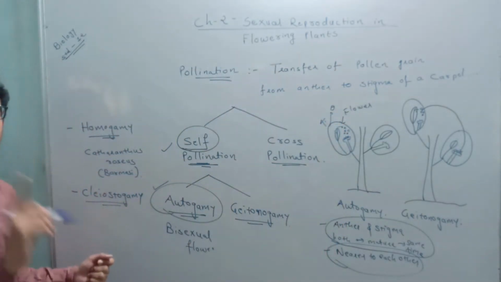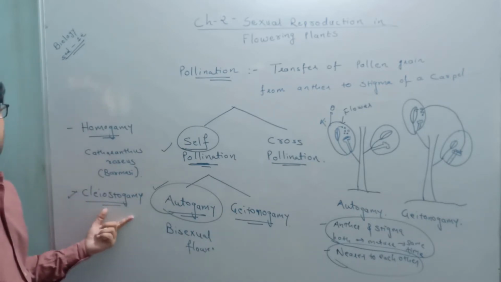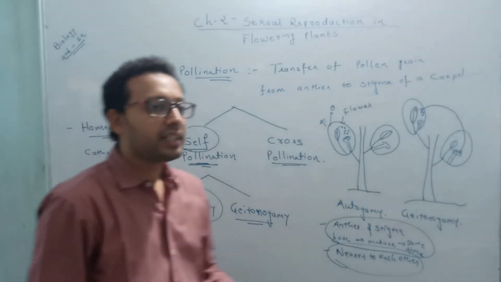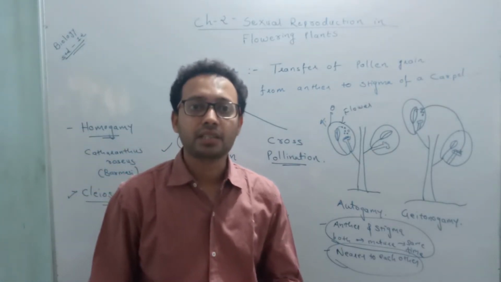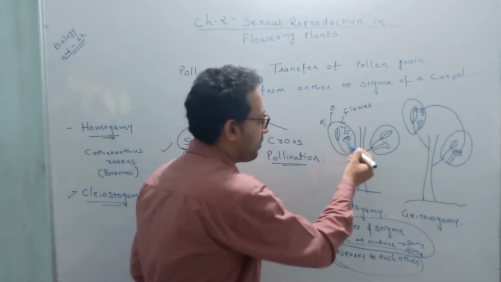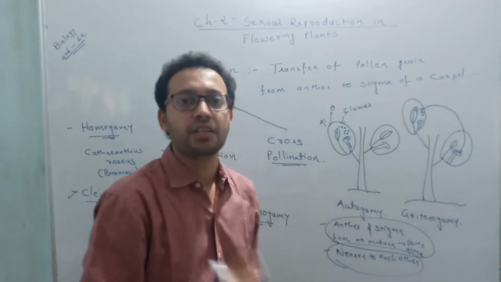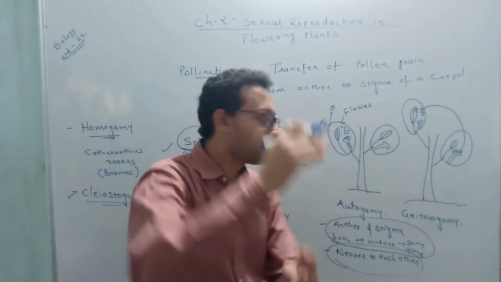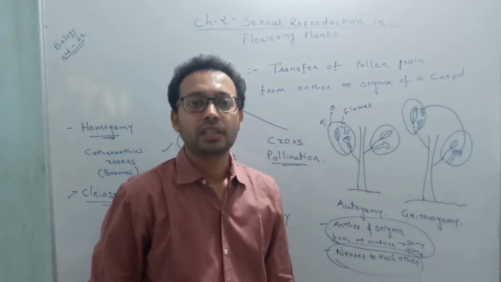It is in the cleistogamous flower, and this phenomenon is called cleistogamy. In certain categories of plants, the stigma, or more specifically the style of a carpel, bends towards the anther.